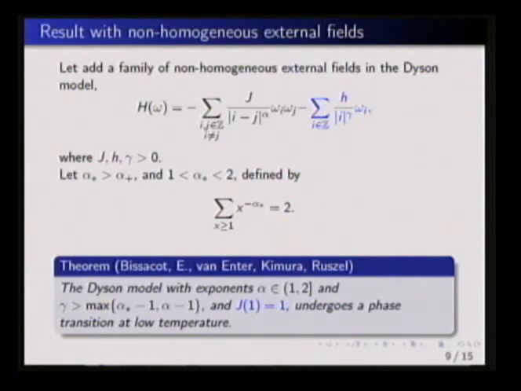Let me suppose that there exists another alpha star, just another technical thing. But the most important thing is that alpha star is between 1 and 2, and this alpha star is larger than alpha plus. So we also proved that the Dyson model with exponent alpha between 1 and 2, including 2, and with gamma, the exponent of the non-homogeneous external field, larger than the maximum of alpha star minus 1 and alpha minus 1, undergoes a phase transition at low temperature.